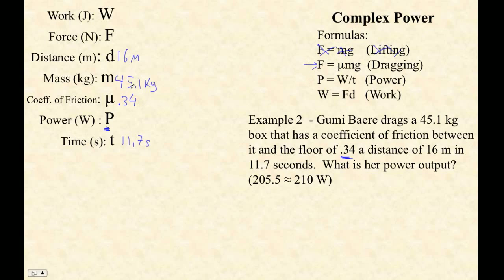We have mu, m, and g is 9.8, so let's do that first. 0.34 times 45.1 times 9.8 is 150.2732.